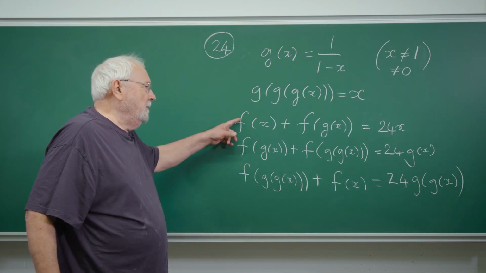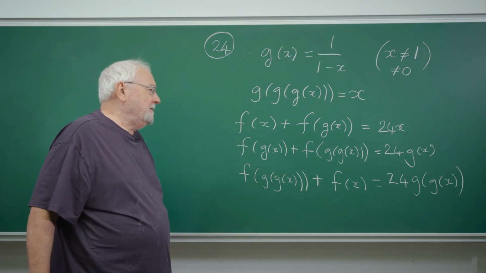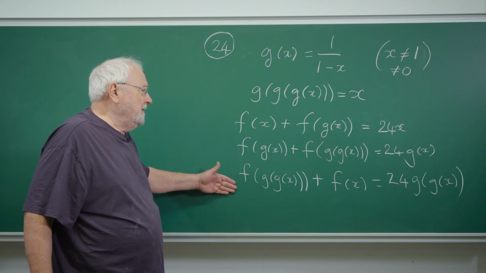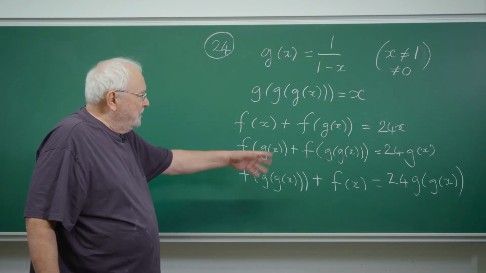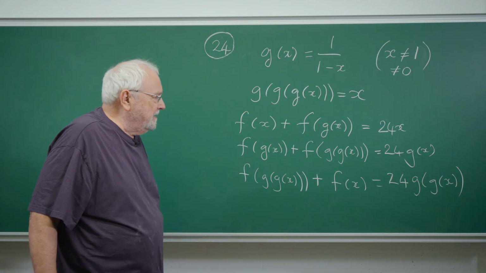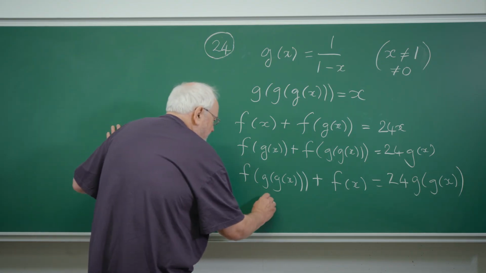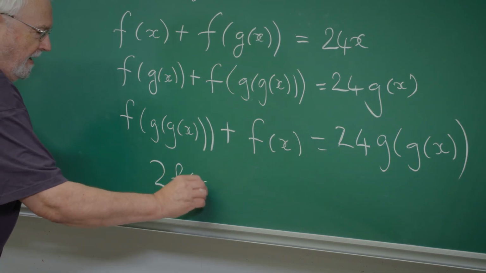Now you can find a formula for f of x by adding up the top and the bottom equation and subtracting the middle one. And all the g's that occur anywhere on the left-hand side will all vanish, and you'll be left with twice f of x.